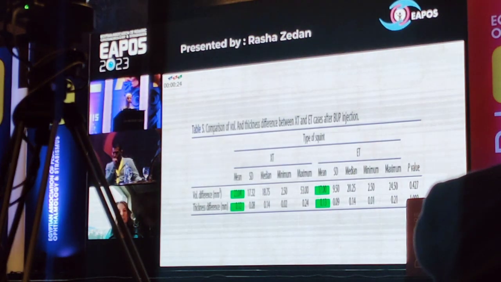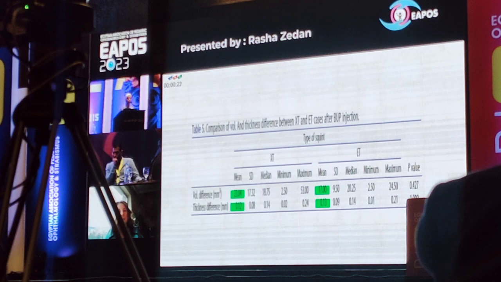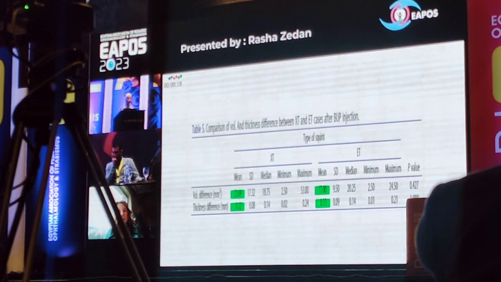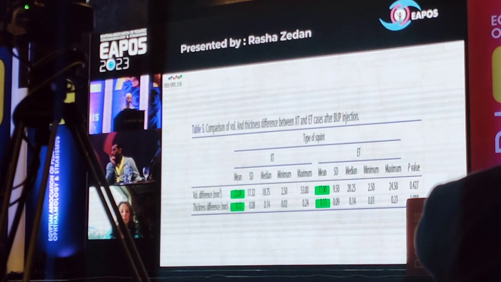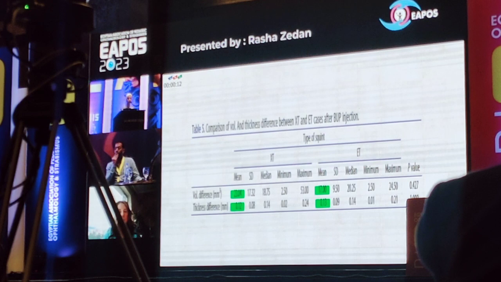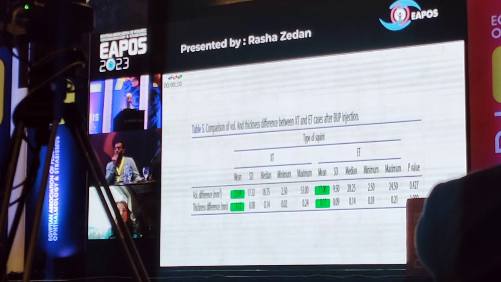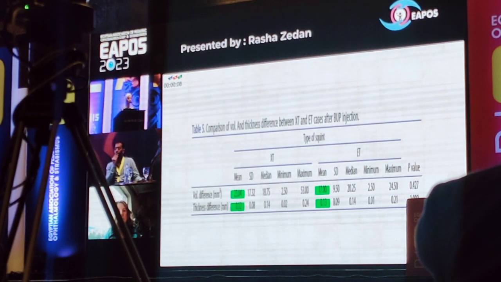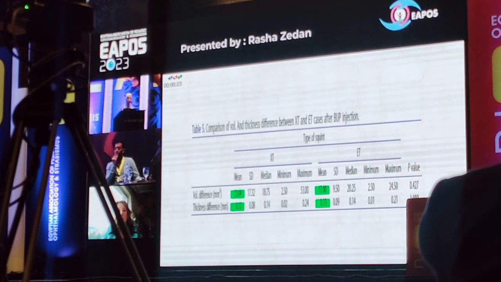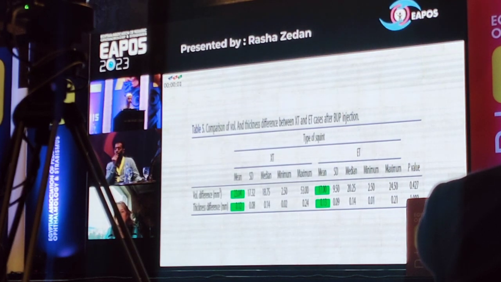So in the comparison of the difference between exotropic and esotropic cases, comparing volume and thickness, we found that in exotropic patients there was a volume increase of 23 millimeters cubed, and in esotropic patients 17, and a thickness increase of 0.12 and 0.13 in exotropic and esotropic patients respectively.